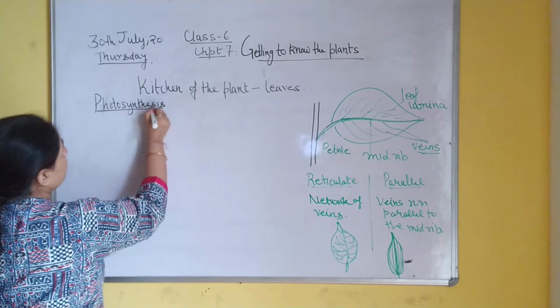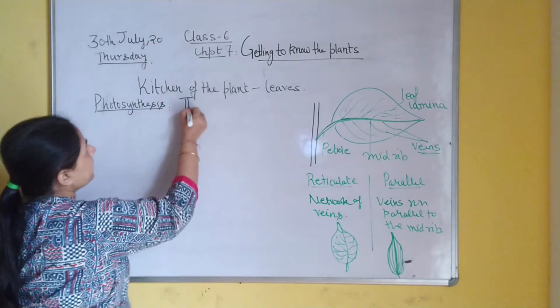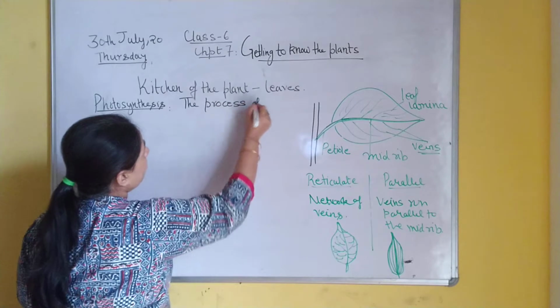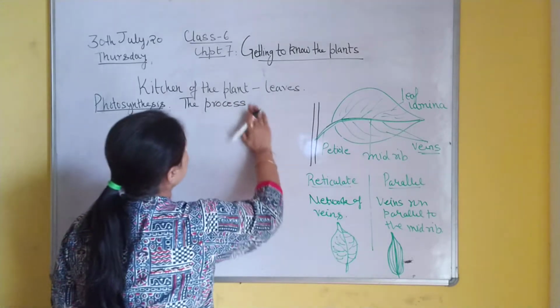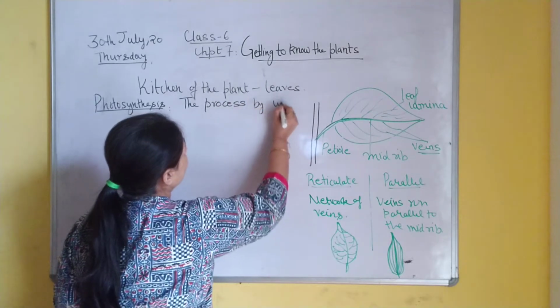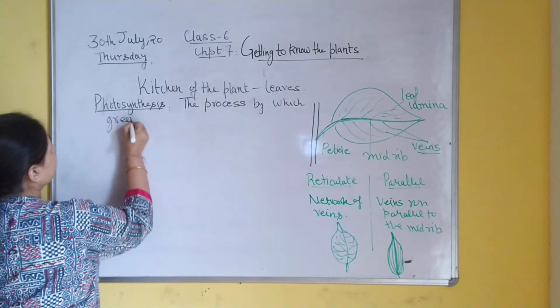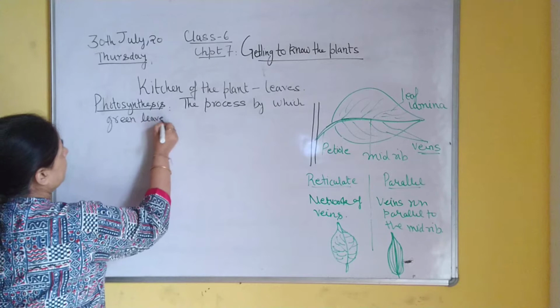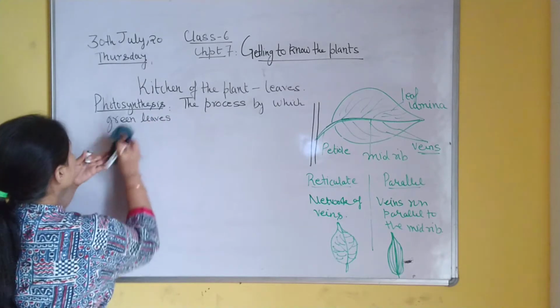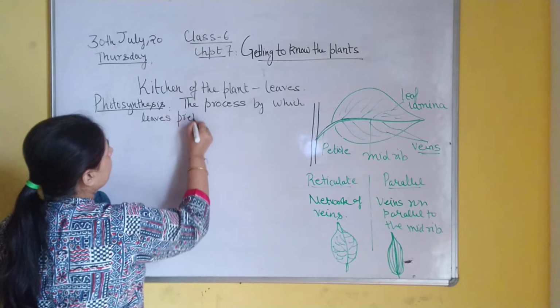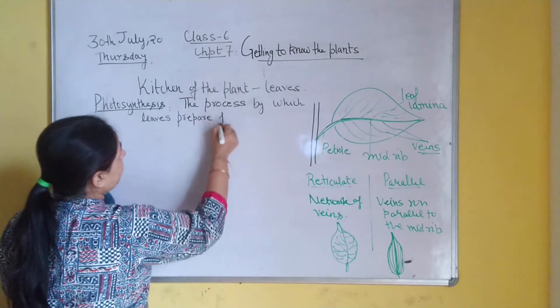Photosynthesis. What is photosynthesis? The process by which green leaves prepare food.